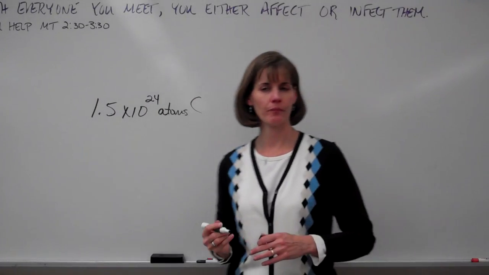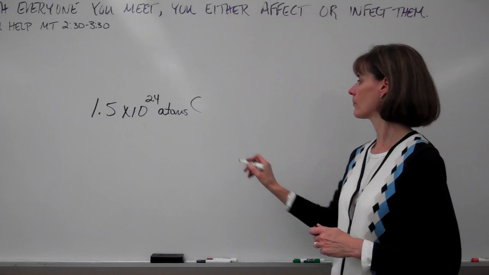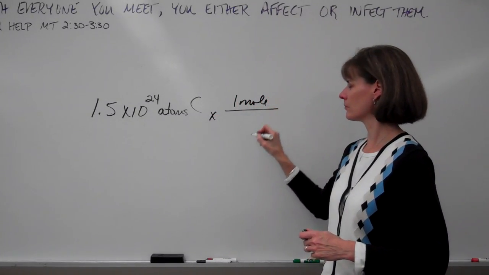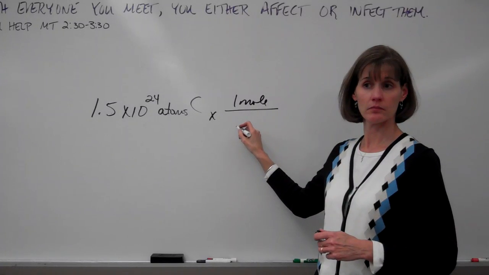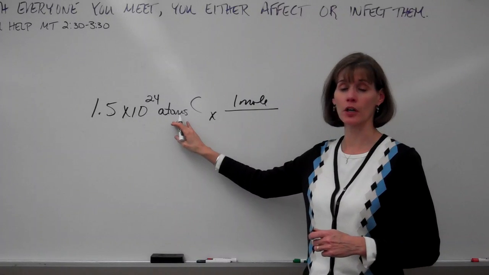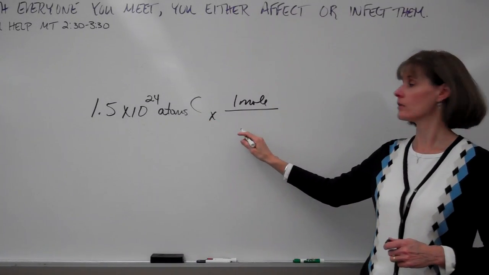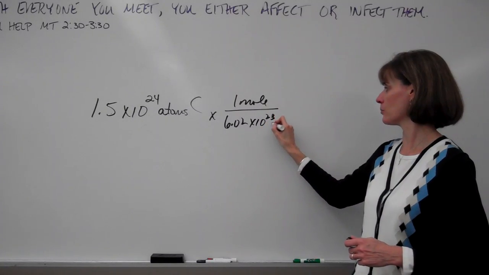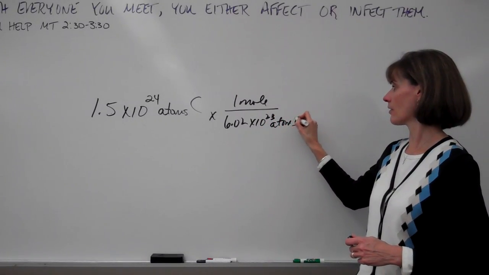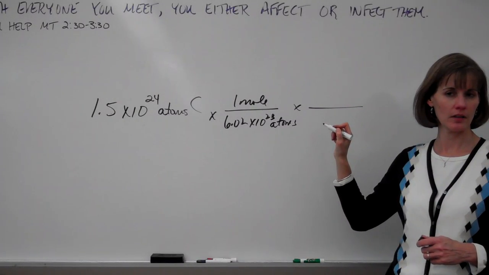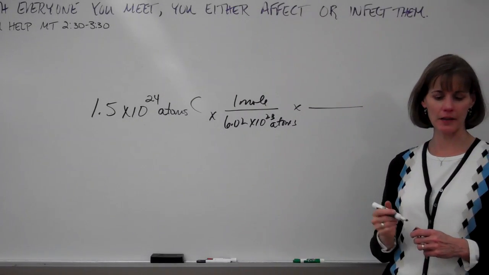What would you do? That number times 1 mole over 6.02 times 10 to the 23rd atoms. This is atoms, and I want to know the mass. And then what? I still want to find mass.